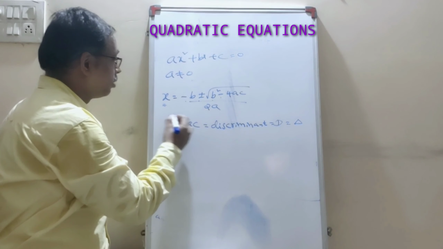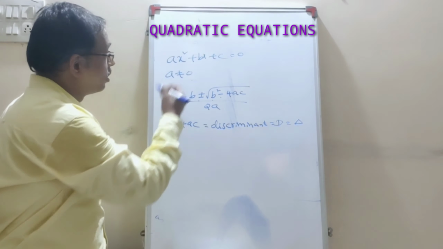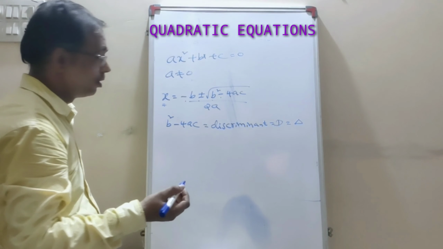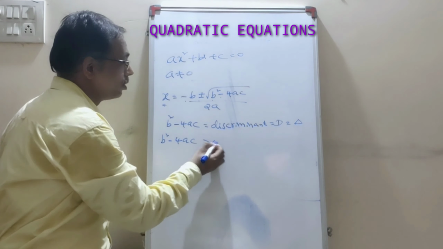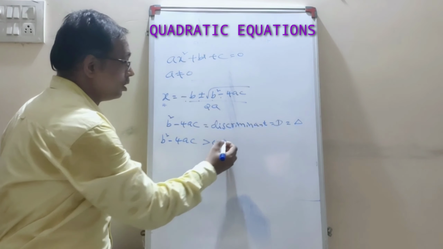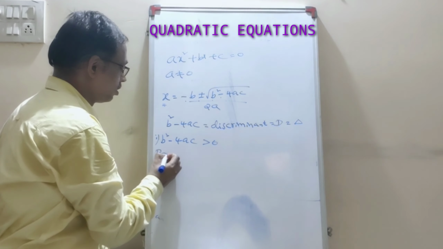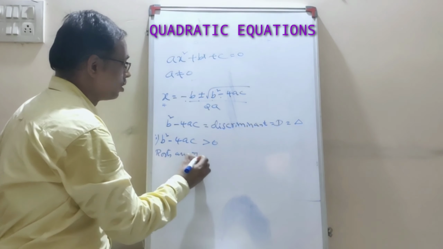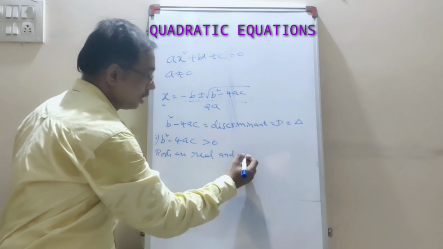Depending upon this discriminant, we can say the nature of the roots of a given quadratic equation. For example, if b² − 4ac is greater than 0, it is positive, then we can say the roots are real and not equal, or distinct.